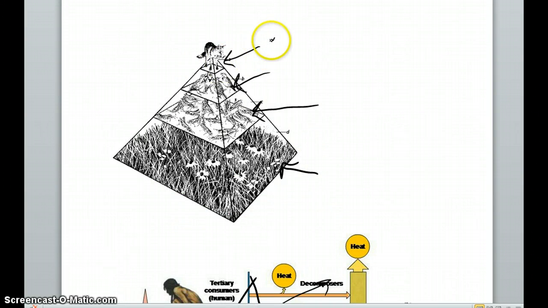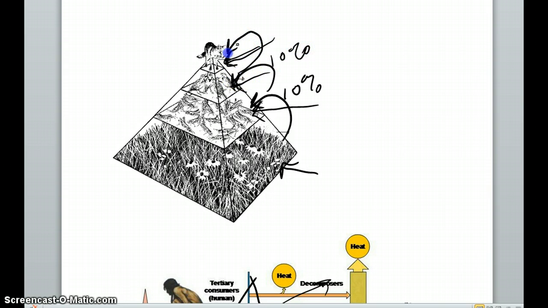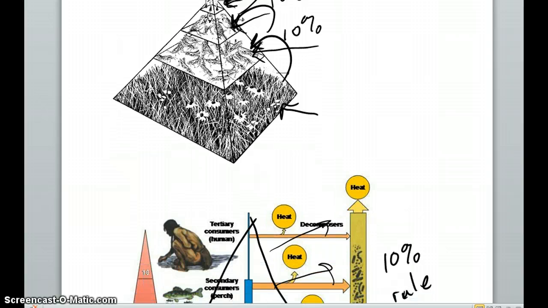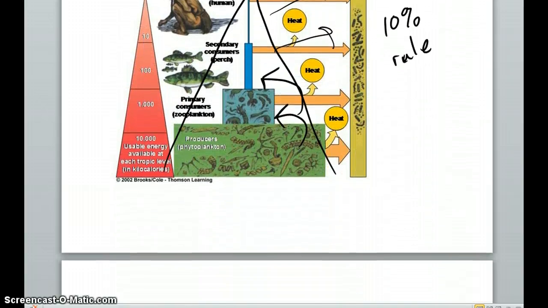There are many fewer of this top order because there's only 10% of the energy from here to here. There's only 10% of that 10% from here to here. And then only 10% of that when you get up here.